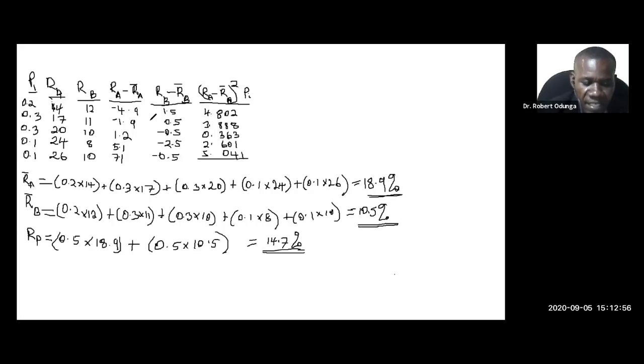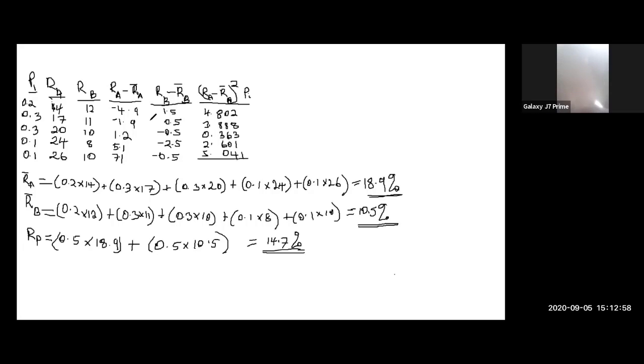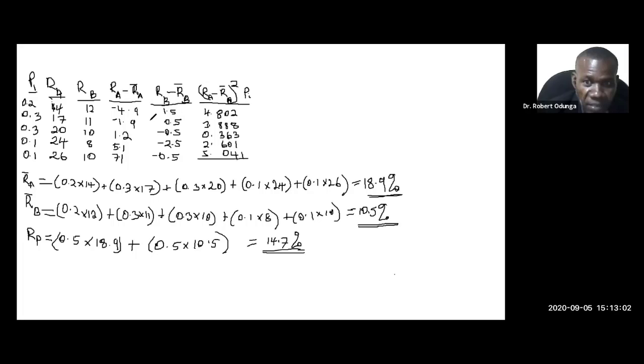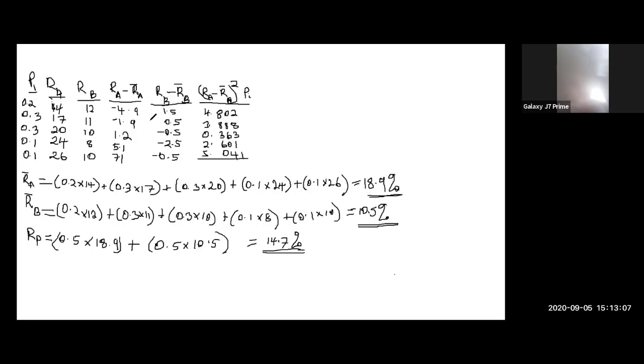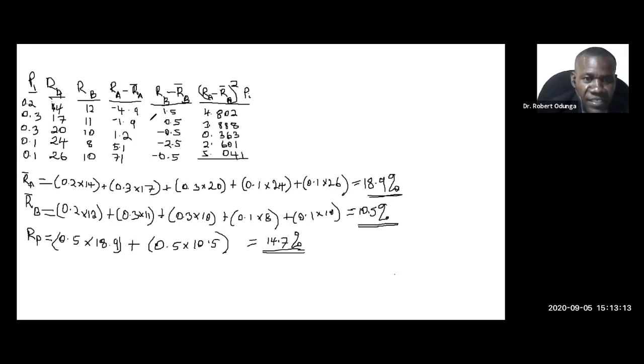You square that. 3.6. It will be 3.61. Okay. Times 0.3. It will give you 1.083.